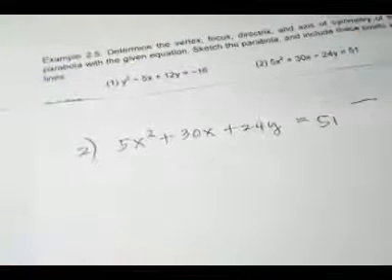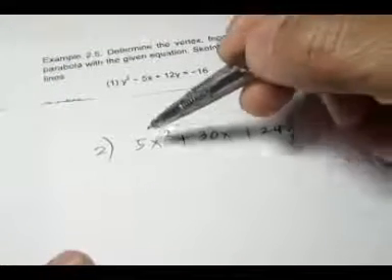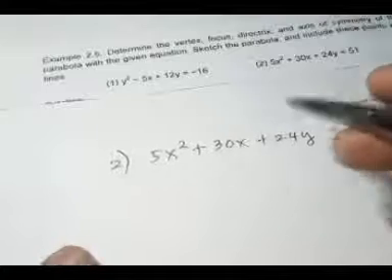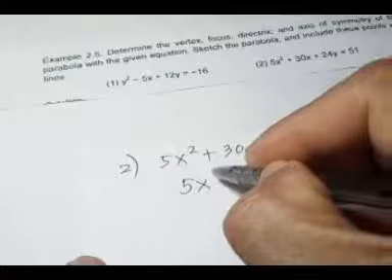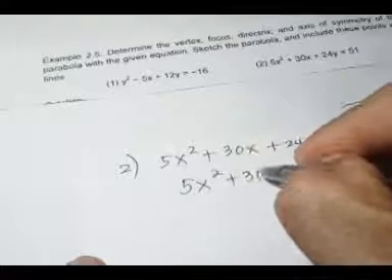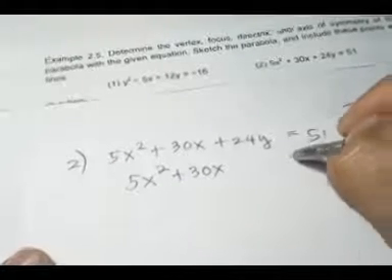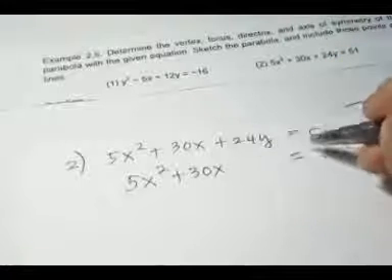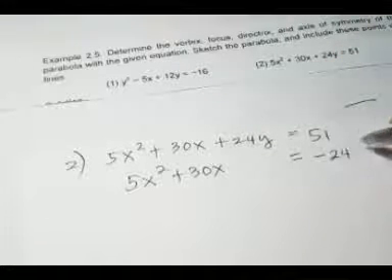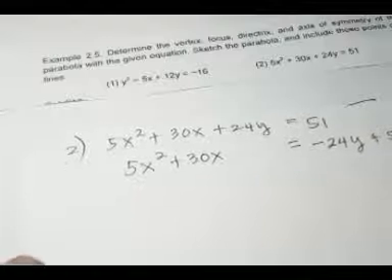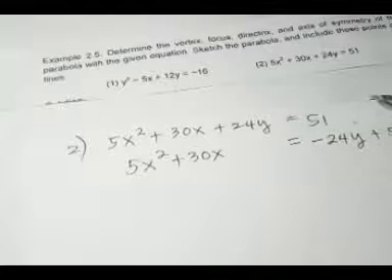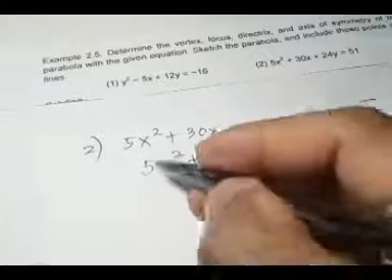Take note that the squared term is x, so x is placed at the left side, equals this positive 24 becomes negative 24y plus 51. Next, complete the square.